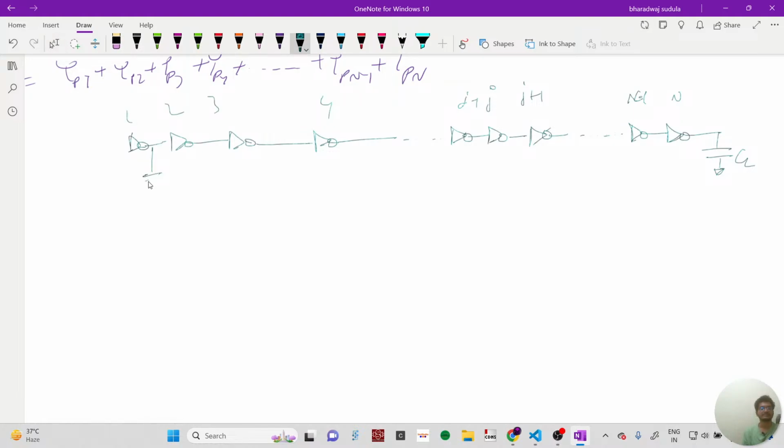Each gate is sized by some factor, thus I have some capacitances here, and here as well.